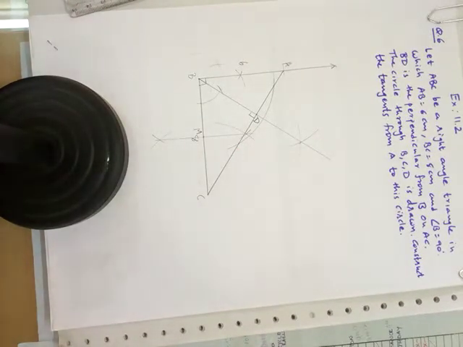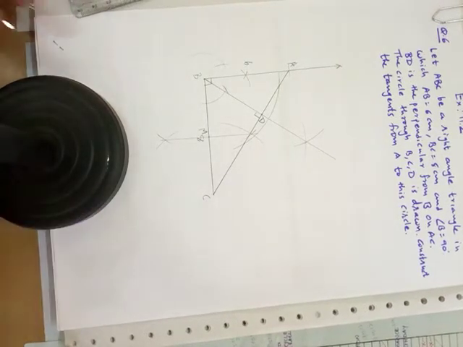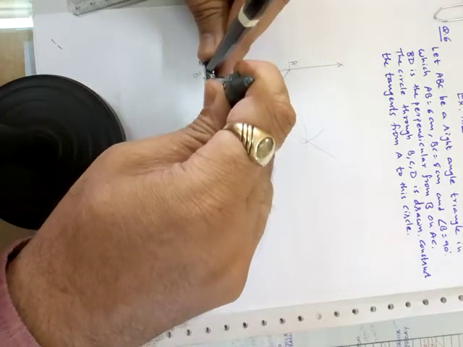Take M as the center, MB radius, surely it will pass through B, D and C. Again, M as the center, MB or MC radius.